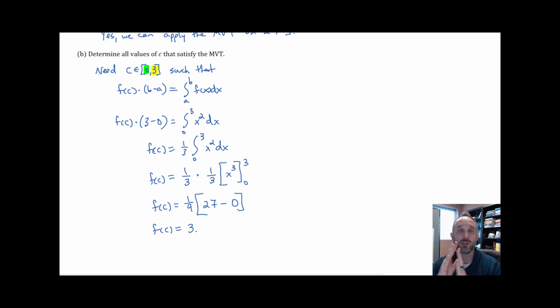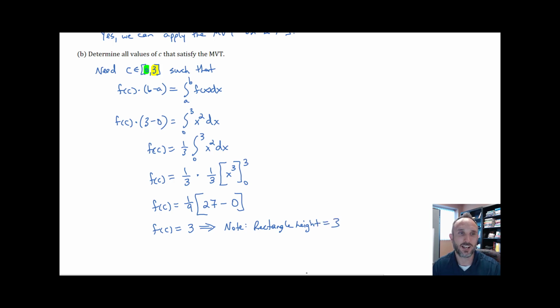Now before we go any further, because we're trying to solve this for c, let's talk about what this means. F of c is also important. So while we're here, I just want to make a comment. The average height of our function, or the height of that rectangle, is 3, okay?